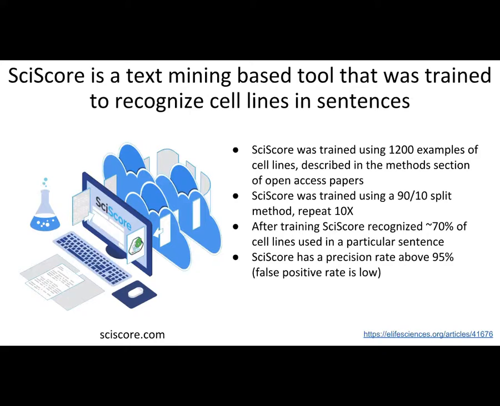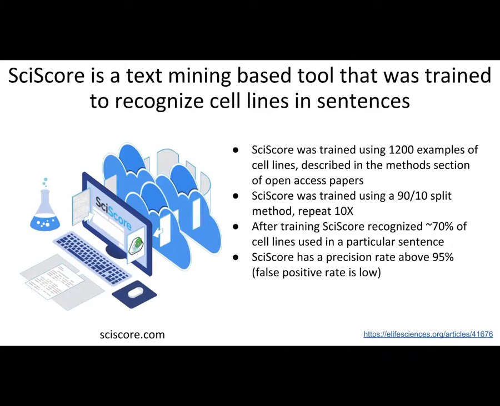So what we employed here is a tool called SciScore, and we trained SciScore using about 1,200 examples of cell lines inside of sentences from the methods sections. Now, these all actually did come from open access papers. SciScore was then trained using a relatively standard method in text mining, which is the 90-10 split, where you essentially take 90% of the data that you have.